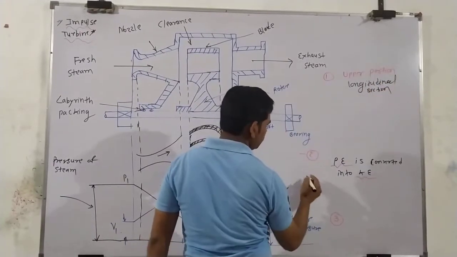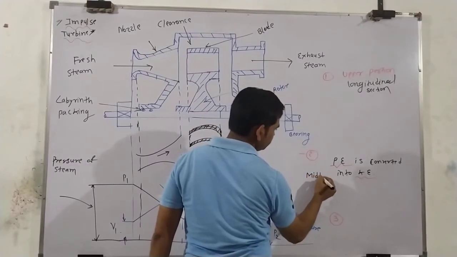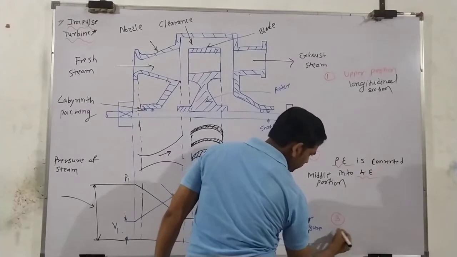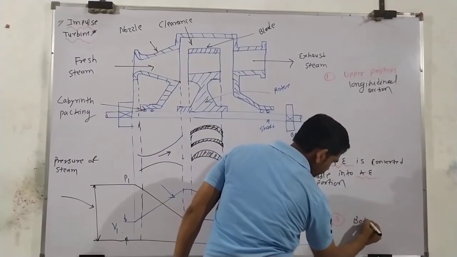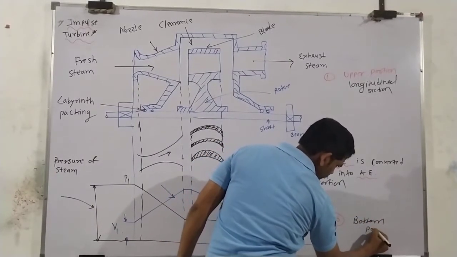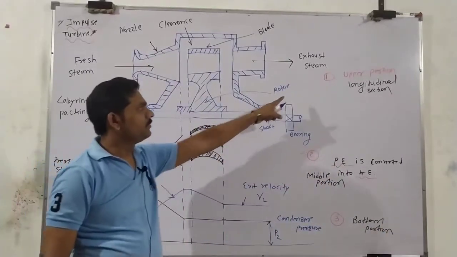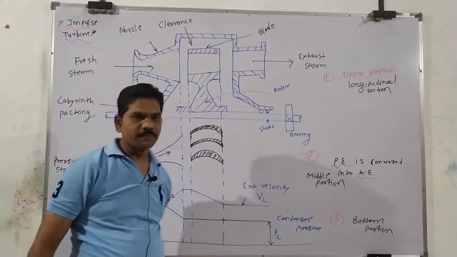Section 2 is the middle portion, and this is the last, bottom portion. So these are the 3 sections given here: upper, middle and bottom.